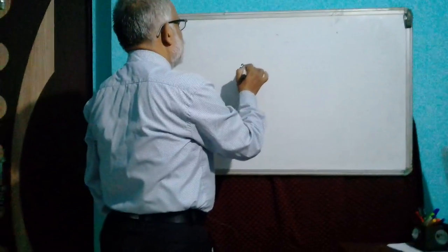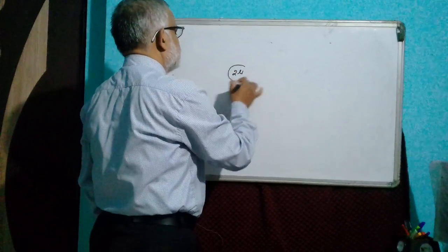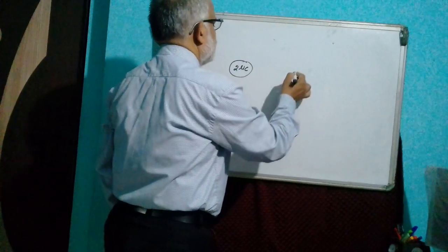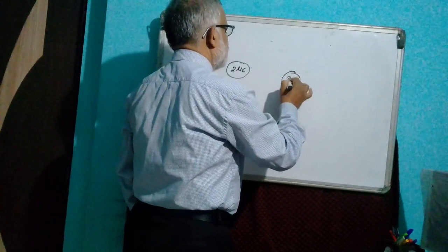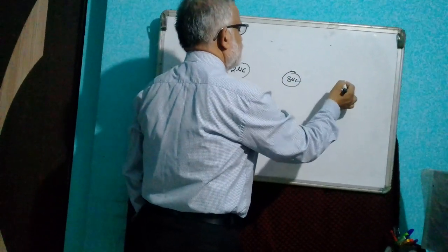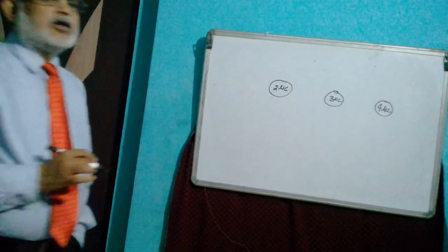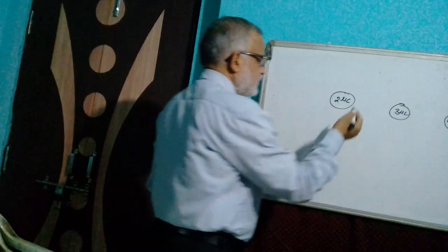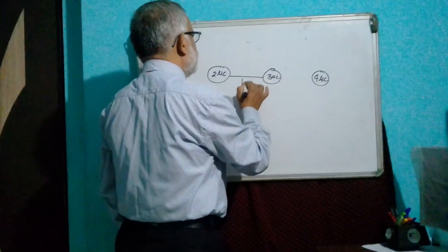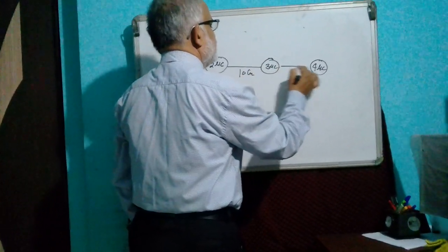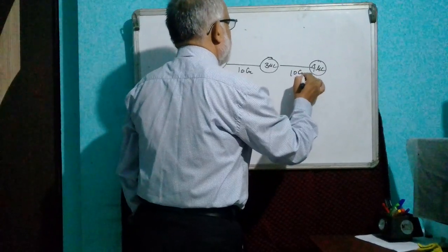2 microcoulomb, 3 microcoulomb and 4 microcoulomb charged bodies are placed at a separation of 10 centimeter as shown in the figure.